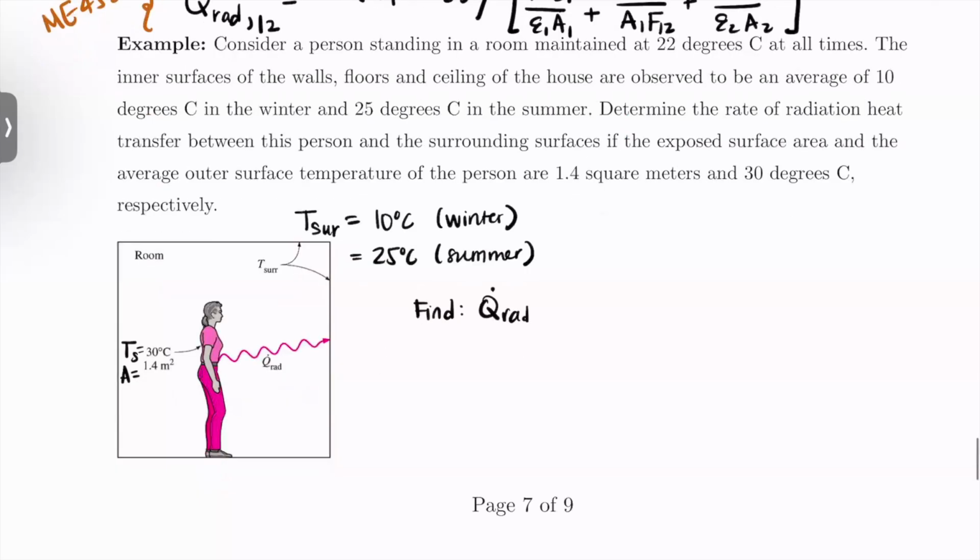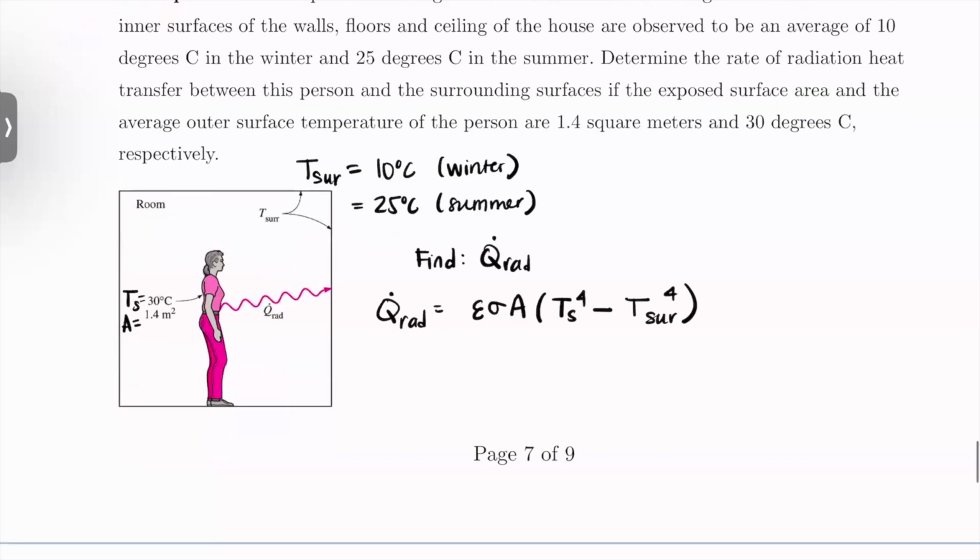All right, and we have an equation for this, so we can use the Stefan-Boltzmann equation. Q dot for radiation is equal to epsilon times sigma times area times the surface temperature to the fourth power minus the surroundings temperature to the fourth power. Let's look at what we have. The area of the person is given to us.